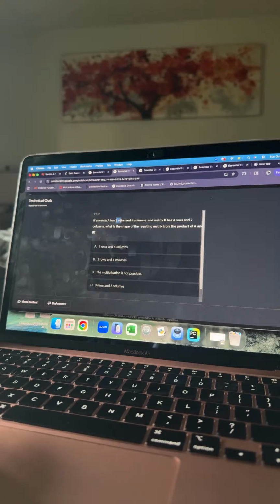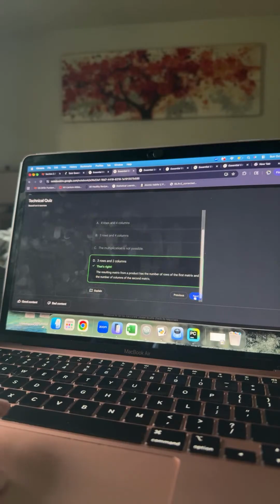It would be 3 by 2, right? I would say 3 by 2, but I'm not sure. Because what about the 4 columns? What are you going to do with that? Never mind. I was right.